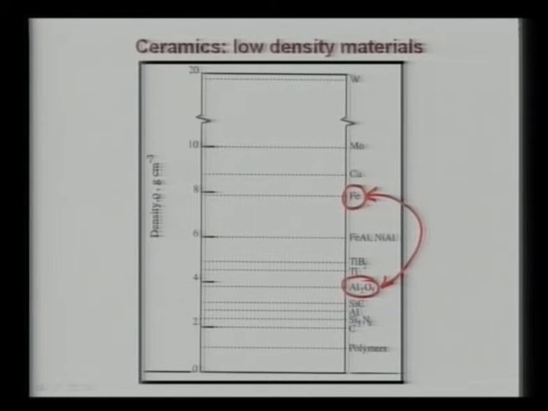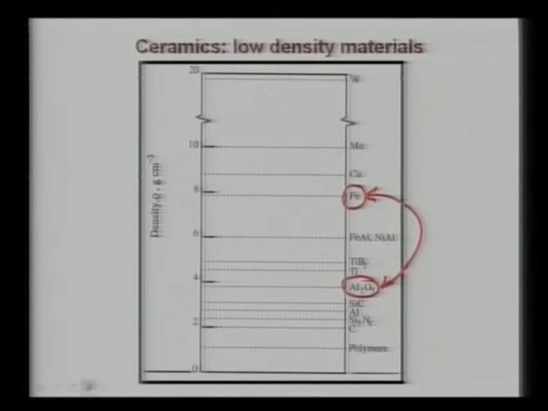This is important for implant applications, because if you replace the steel with an equal volume of alumina, the patient will feel the implant is much lighter, because alumina has a much lower density compared to steel. So density also plays an important role in the selection of implants.